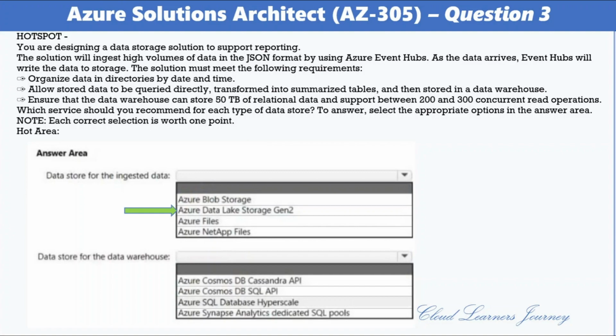Azure Data Lake Storage is optimized storage for big data analytics workloads. You can analyze and query data without prior ingestion into Azure Data Explorer and can also query across ingested and uningested external data simultaneously. And for the data warehouse, the correct option is Azure SQL Database Hyperscale. Azure SQL Database Hyperscale is optimized for OLTP and high throughput analytics workloads with storage up to 100 TB.